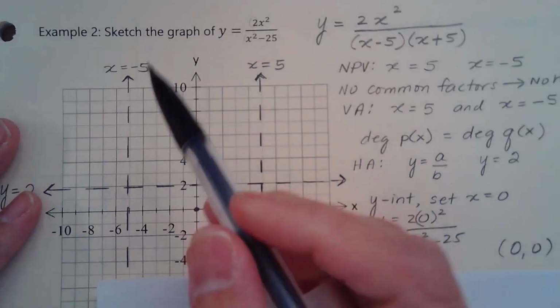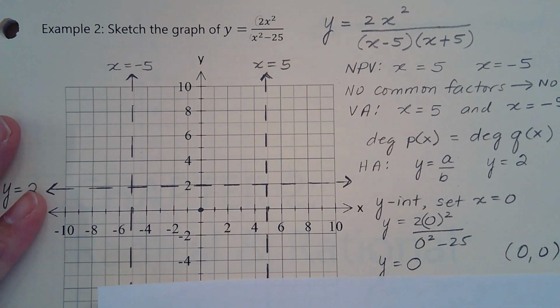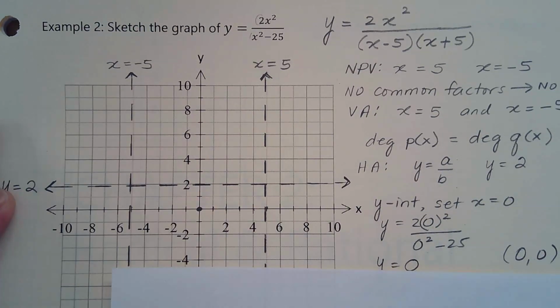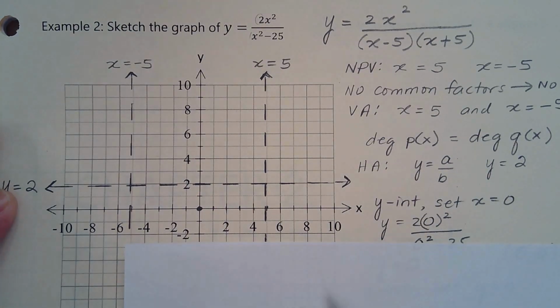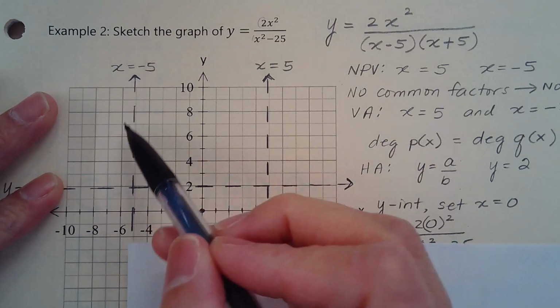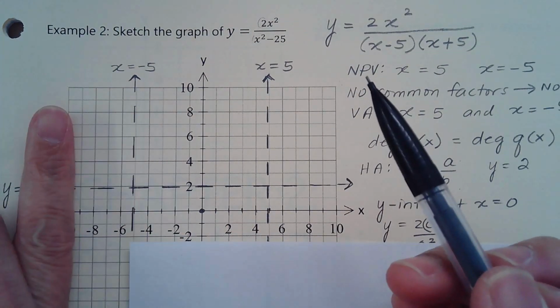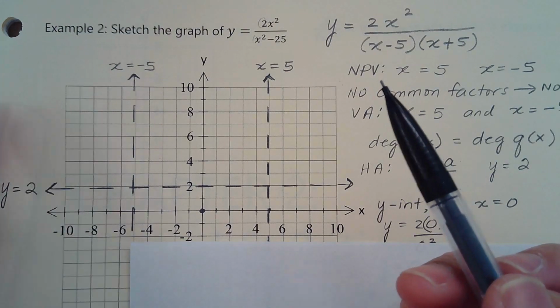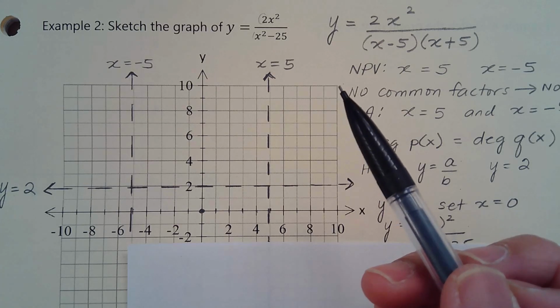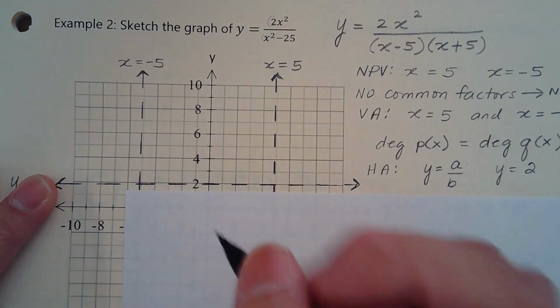So what I'm going to do is see where my graph is to the left of this asymptote. I'm going to pick something on the left of -5, so I'm going to pick -6. Make it easy.